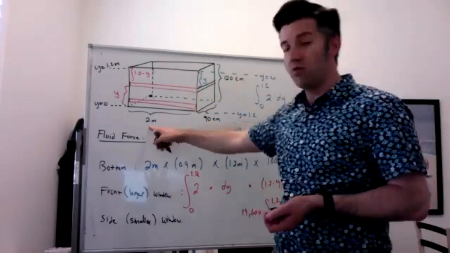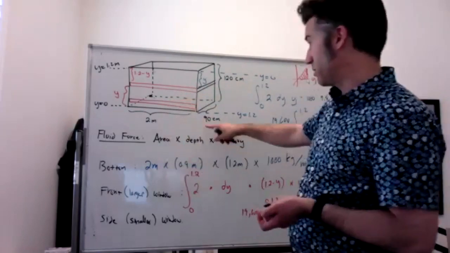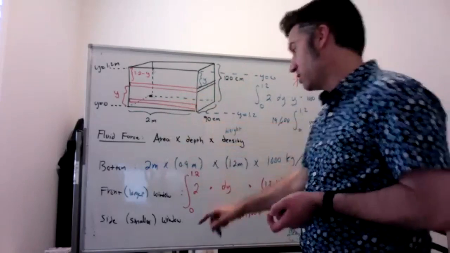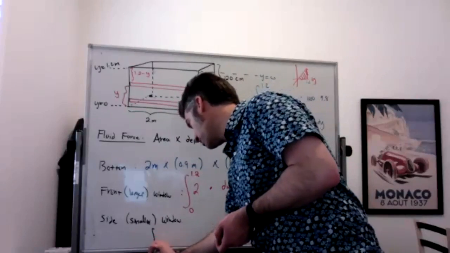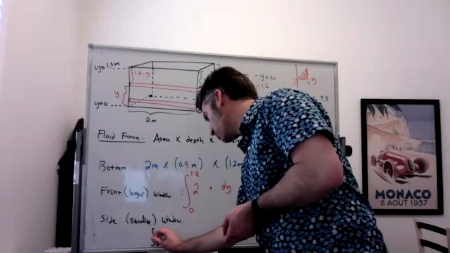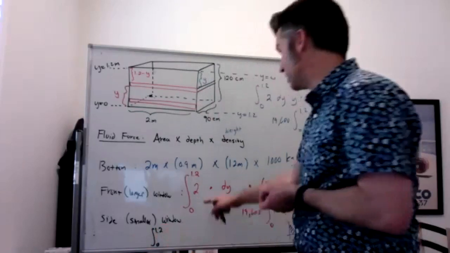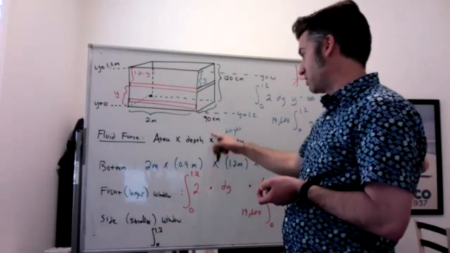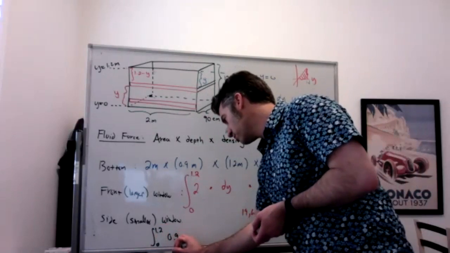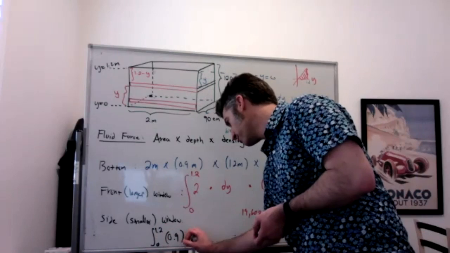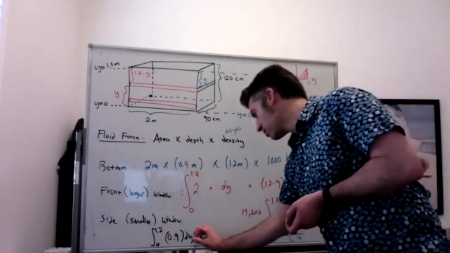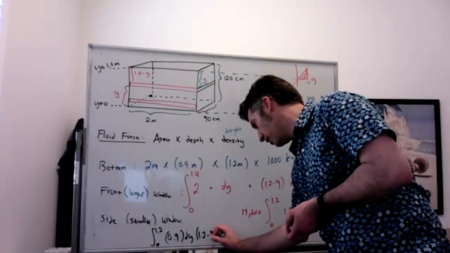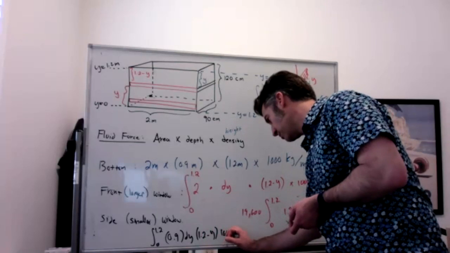Instead of being 2 meters times dy, it's going to be 0.9 meters times dy. So this smaller window is going to have the same integral from 0 to 1.2, but instead of 2 times dy, it's going to have 0.9 times dy, times 1.2 minus y times 1,000 times 9.8.